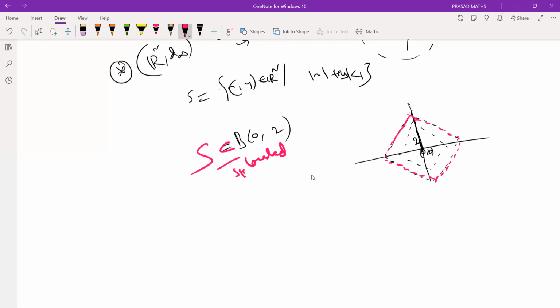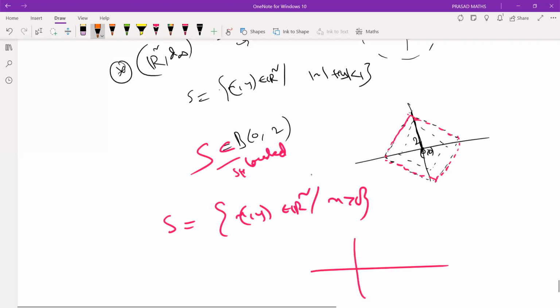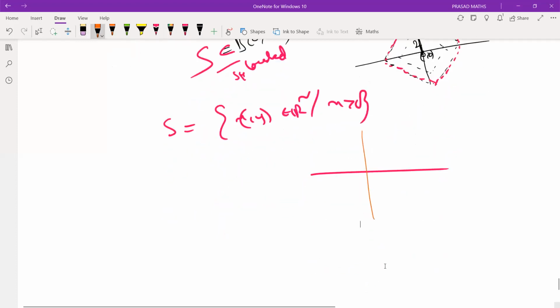Right? Is it clear? Suppose my set is the set of all ordered pairs in the right half plane, x positive. Is it bounded? No, sir, unbounded. Is it bounded in R2 with respect to d infinity?